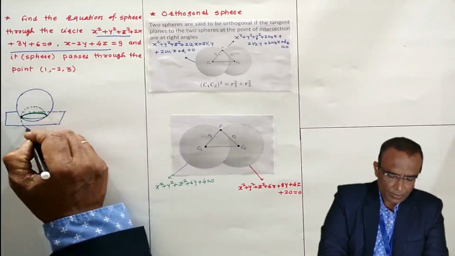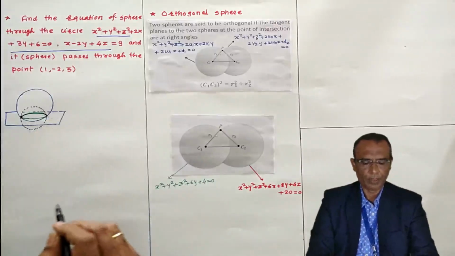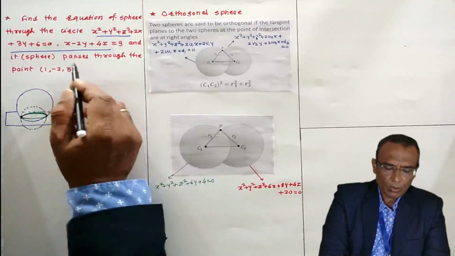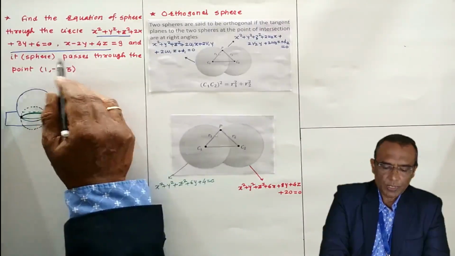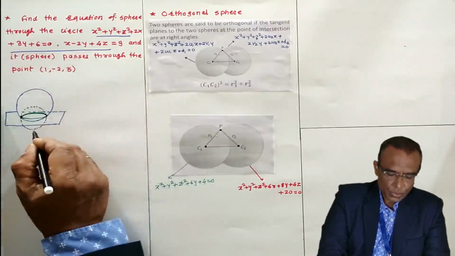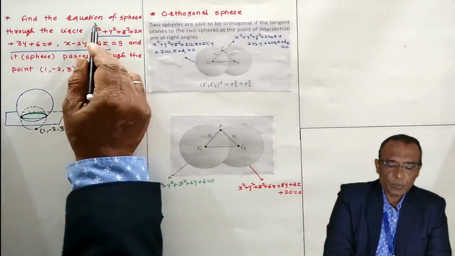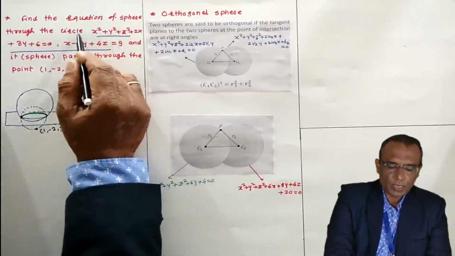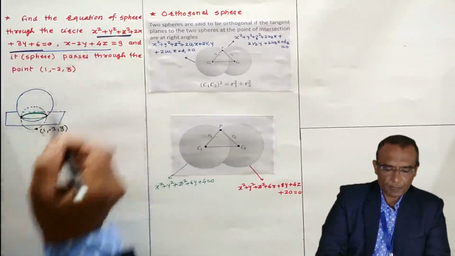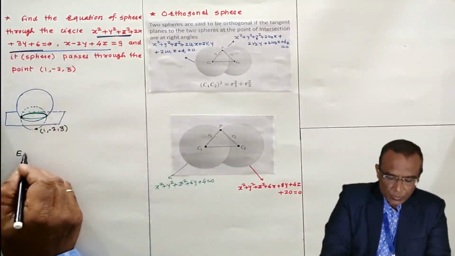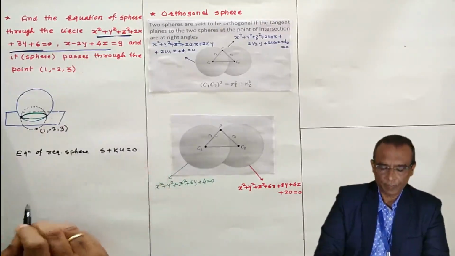The sphere passes through this circle, and the sphere passes through this point also. This one point on the sphere is already given to you. The required sphere is passing through this circle, and the circle is the intersection of the sphere and the plane. Then I write the equation of the required sphere in this way: S plus KU equals 0.